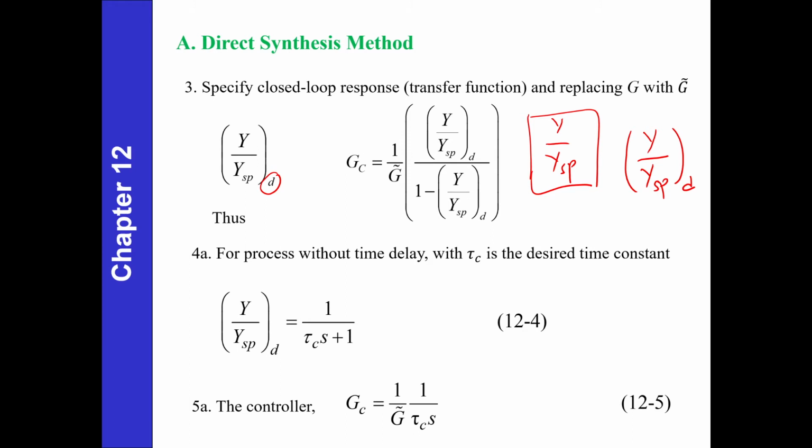Don't think too much, just put d there. And then for the first case, the desired closed loop transfer function is this one, which is a first order without time delay. And substitute this into this, you will get this.